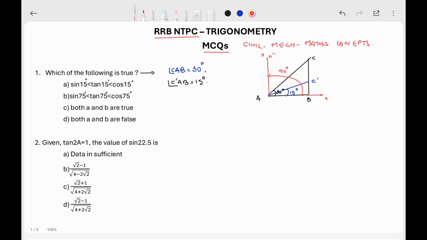Then the angle CAC double dash is equal to 90 minus 15, that is equal to 75 degrees.